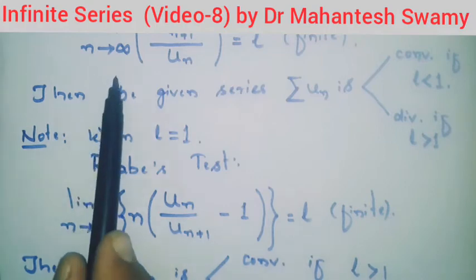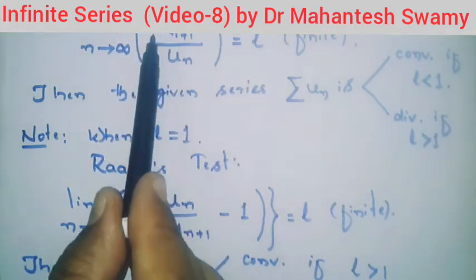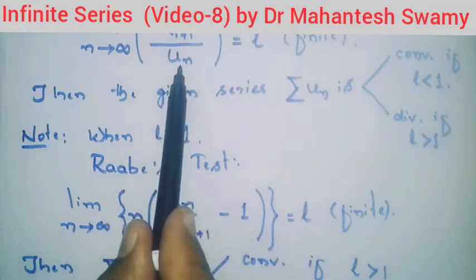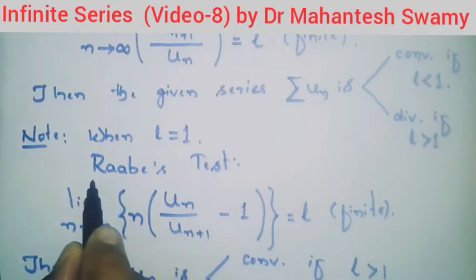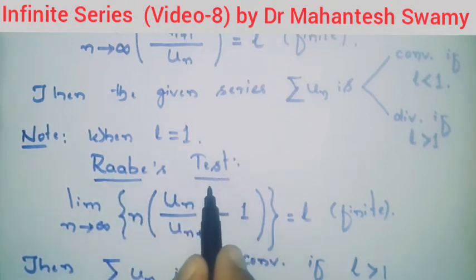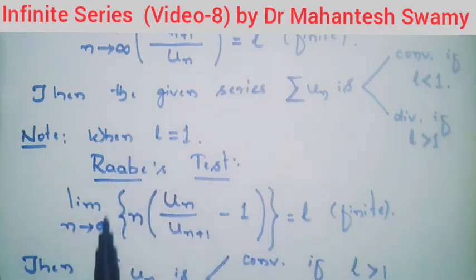In the case of the ratio test, we consider only u(n+1) divided by u(n), whereas in Raabe's test, we take the reciprocal, then subtract 1 from that and multiply it by n, and then we take the limit. So this is how we proceed with Raabe's test, only when the ratio test fails.